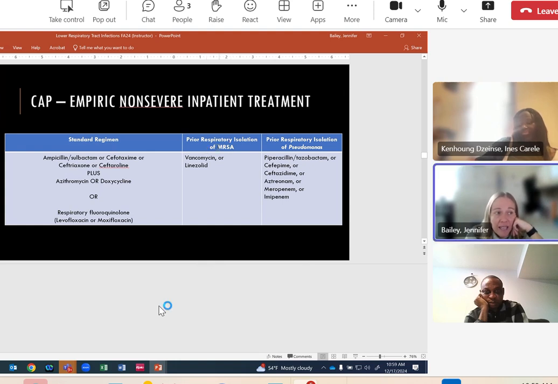So if they have a history of having a MRSA pneumonia or a Pseudomonas pneumonia, then you should cover for those multi-drug resistant pathogens. So for MRSA, you would add vancomycin or linezolid. And for Pseudomonas, you would use a beta-lactam that covers or treats Pseudomonas. Okay, any questions?